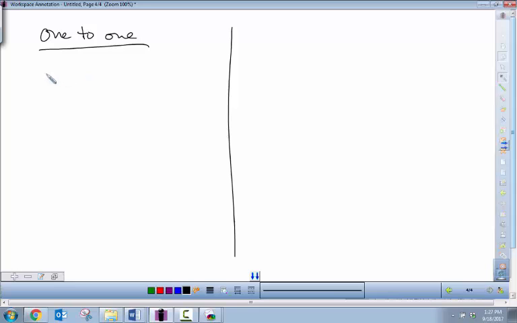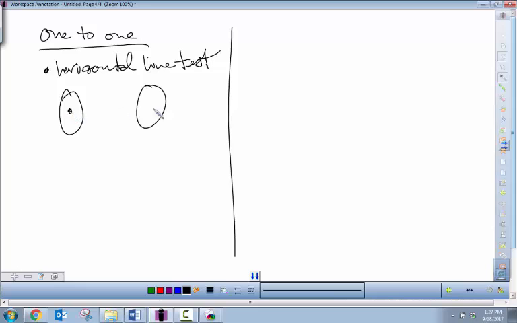Horizontal line test. Do you guys remember seeing like a bubble thing? For every input there's an output, so there's no repeats of inputs. So that's the basic idea.